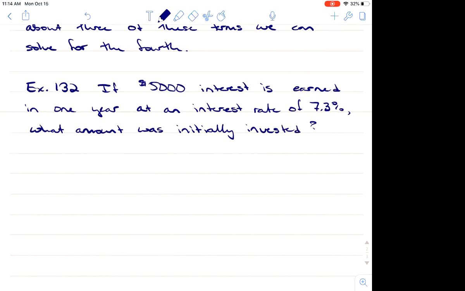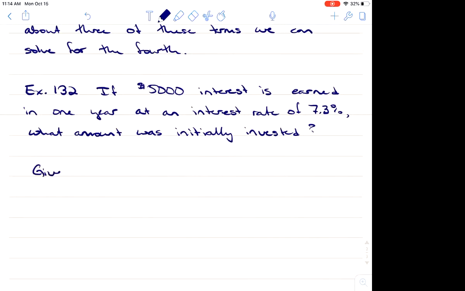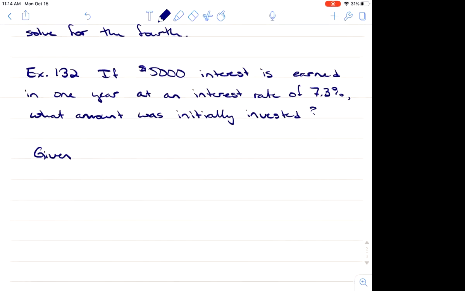So just like we have been doing, let's start by listing all the things that we've been given, right? And then identify what we have to solve for, right? So here we've been given, okay, the amount of interest that we have is $5,000. The amount of interest, remember, is capital I. So we know that capital I must be $5,000. Okay. So that's earned in 1 year. So that's the time, lowercase t. T must be 1 year.